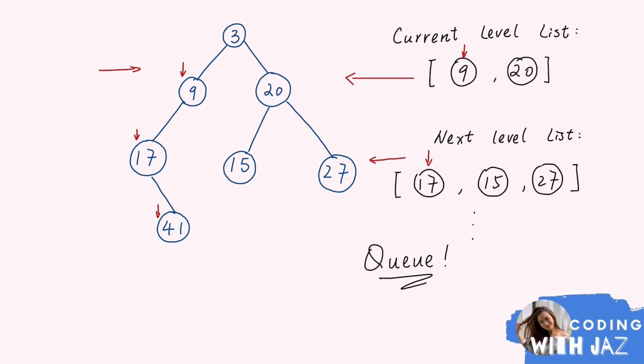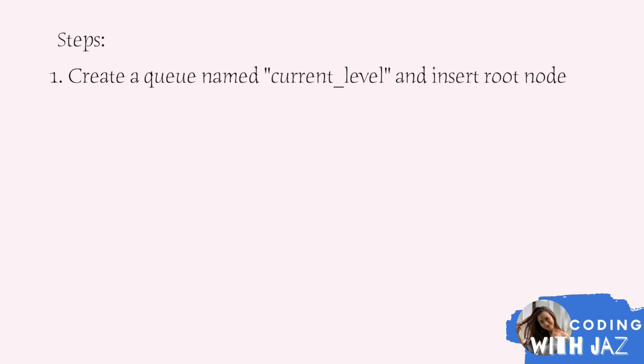So as long as we're inserting the leftmost node of a level into the queue, when we're dequeuing that level, we'll always get the leftmost node first. So to simplify the whole algorithm a little bit, we're going to have this queue, which we can name the current queue, and we're going to store our root node at the beginning into this current queue.